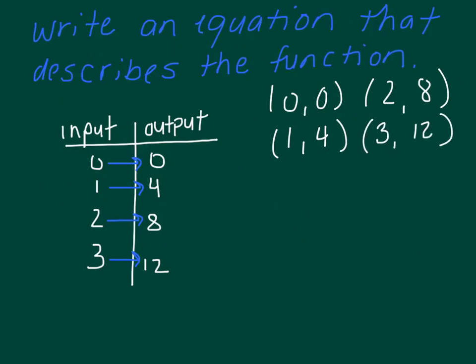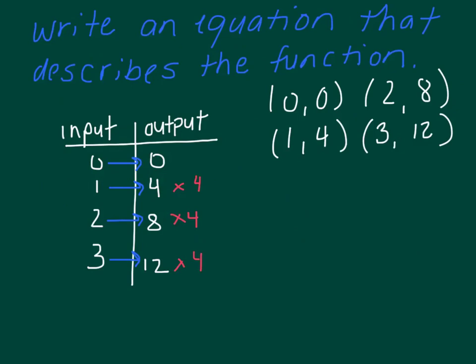So we want to see what the relationship is between the input and the output. If I put 0 in, I get 0. If I put 1 in, I get 4. Well, that was multiplied by 4. And that would work for the first one too. How about for 2? Well, yes, 2 times 4 equals 8, and 3 times 4 equals 12. So that seems to be our rule.